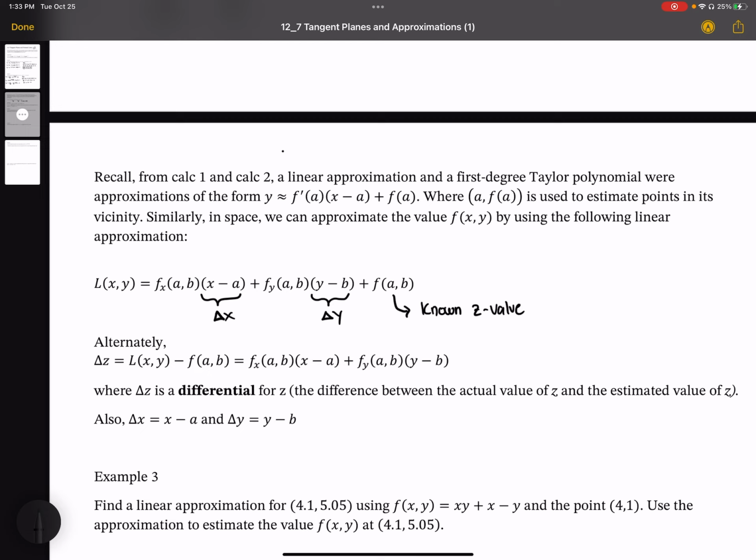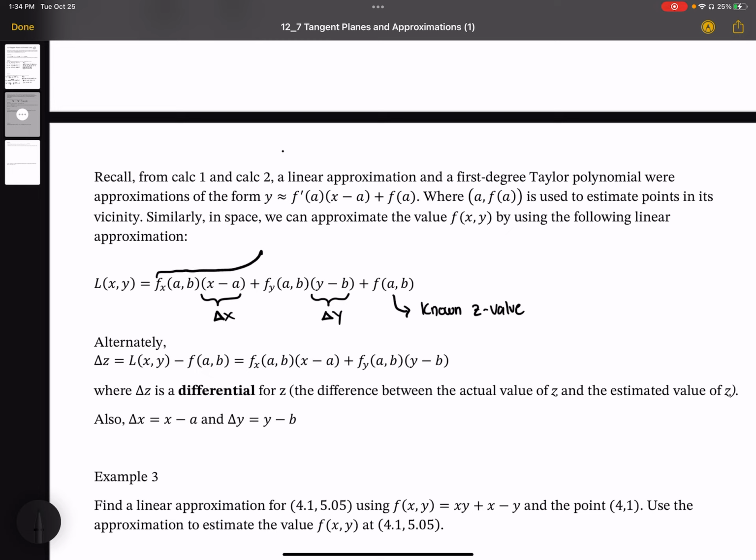And so the partial derivative of x evaluated at the point times this differential plus the partial derivative of y times this differential, evaluated at that point, plus the known value, is going to tell us how much up or down our z value moves.